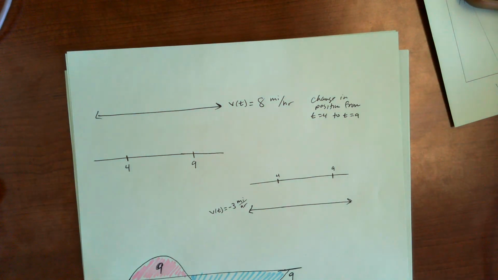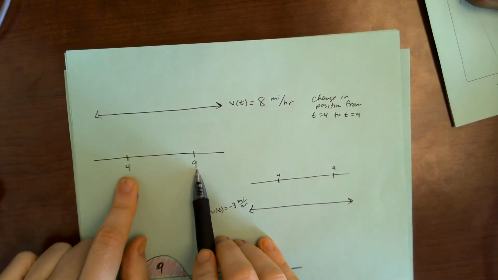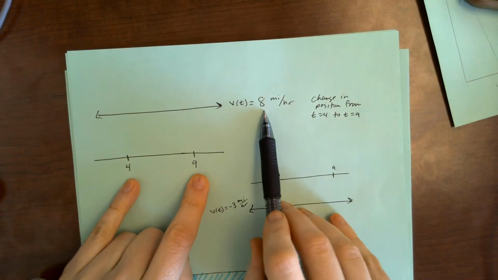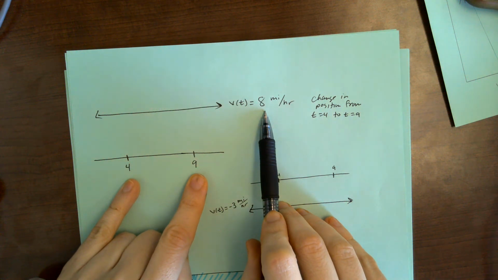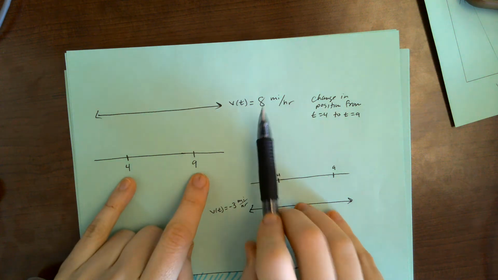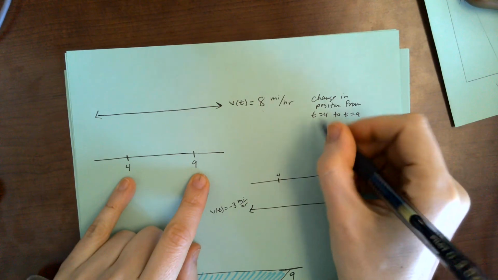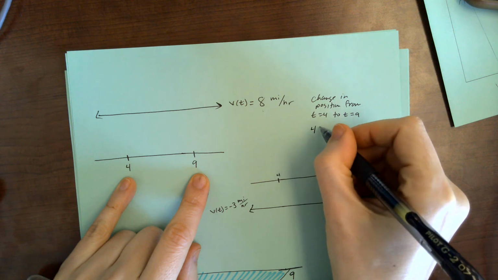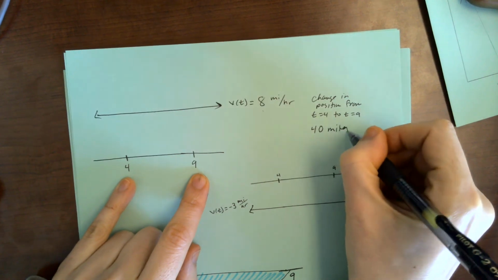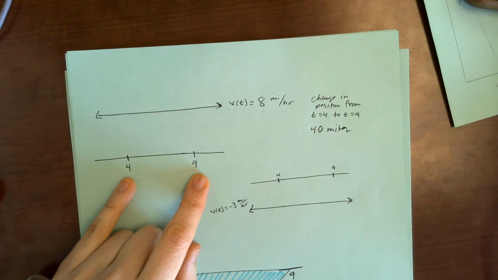So we could think about it: how many hours between 4 and 9? That's 5 hours. So if you travel for 5 hours at 8 miles per hour in a positive direction, that would be 40 miles.